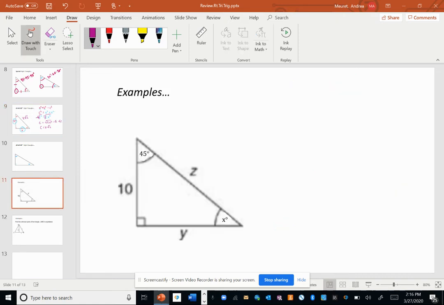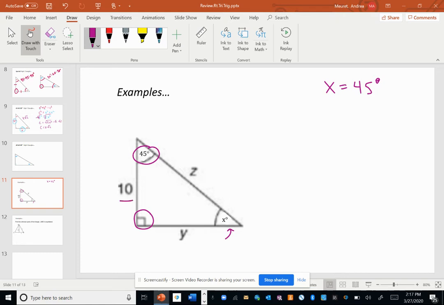Here's an example where I have a 45-degree angle here, a right angle here. So the first thing I can tell is that this angle here is also going to be 45 degrees. So x is equal to 45 degrees. Now, this side that has the 10 on it, that's one of the legs.